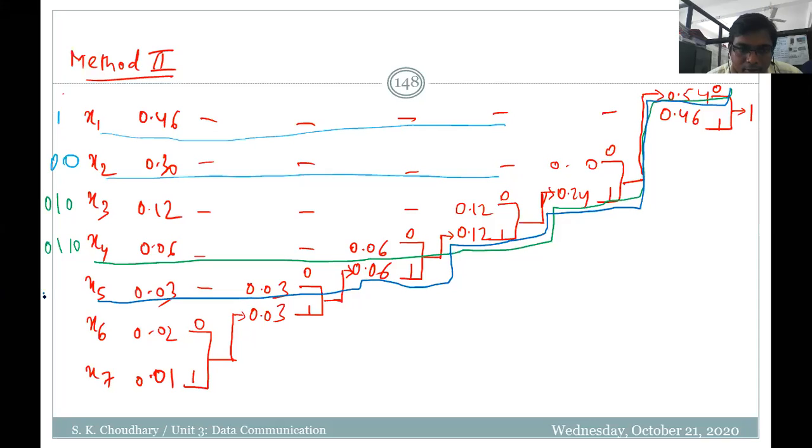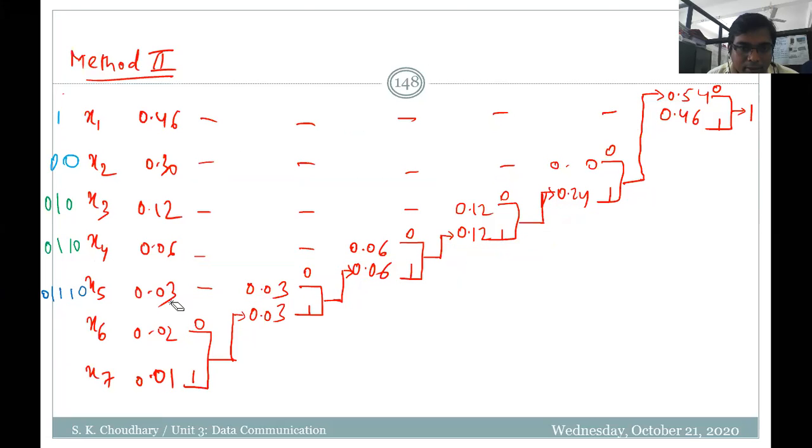So what would be there? 0, 1, 1, 1, 0. Okay. So this is up to x5. Similarly, we can apply this for x6. So what is the value of x6? We start from this point, then 1, 1, 1, and 1.